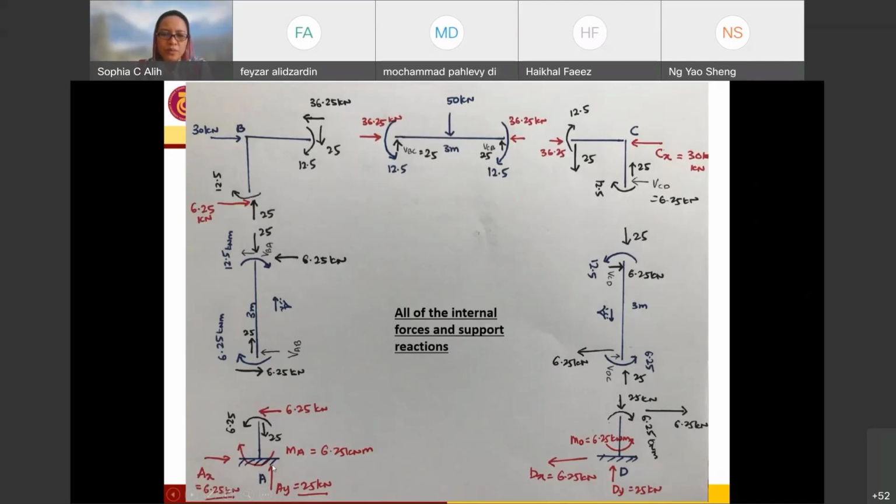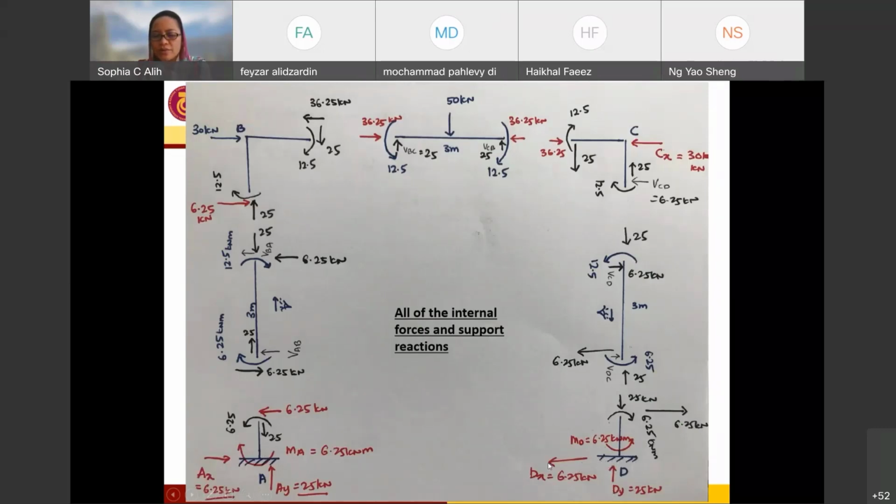We also have a clockwise moment acting on support A, 6.25 kilonewton meter, and for support D, we have a counterclockwise moment of 6.25 kilonewton meter.